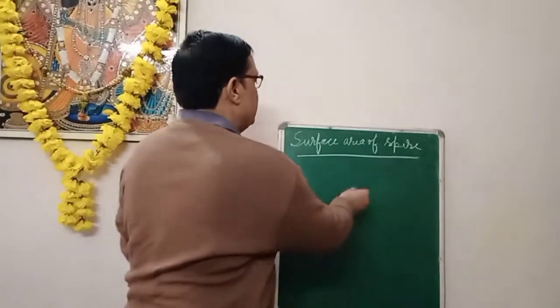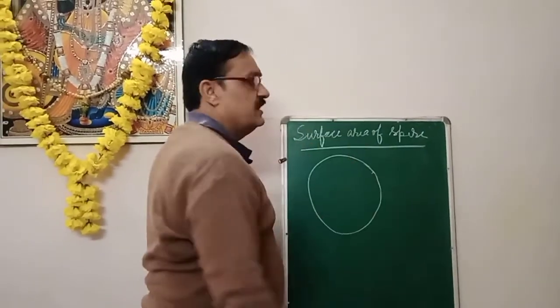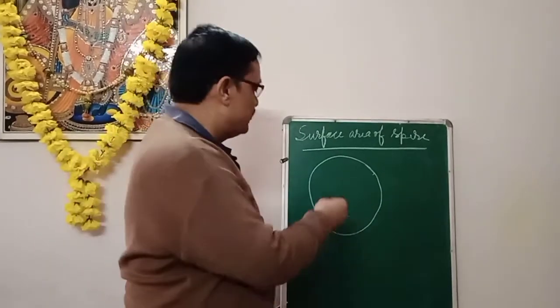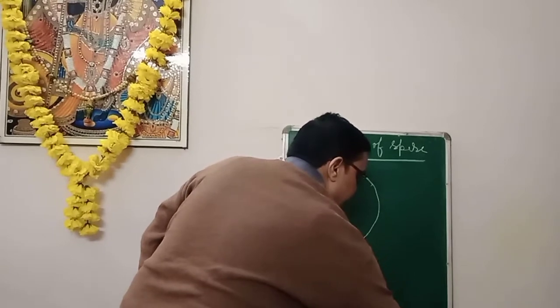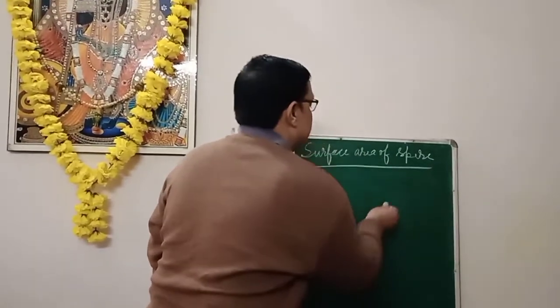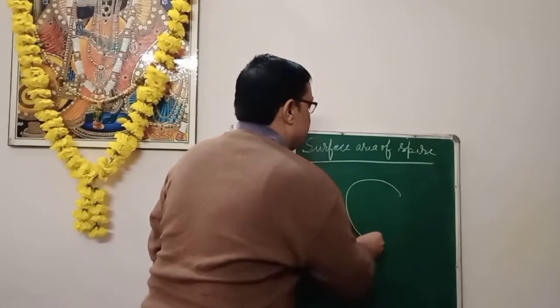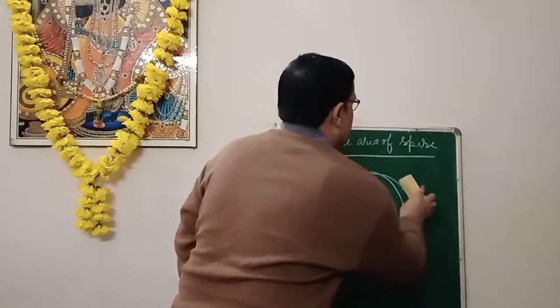We know circle, we have studied circle. This is a circle. We can draw it on a piece of paper because it's a plane figure, so we can always draw a circle on a piece of paper.